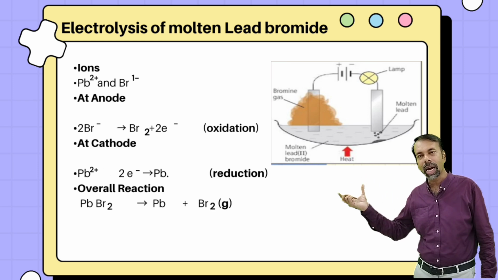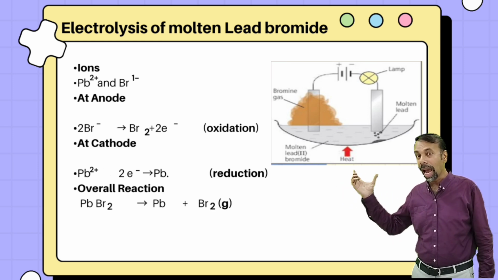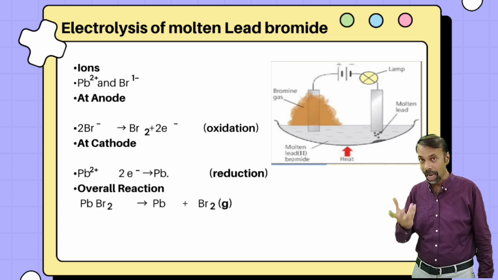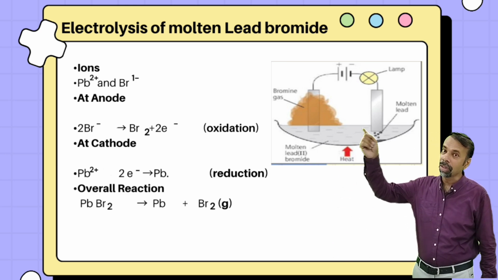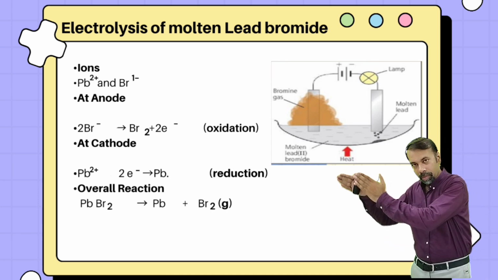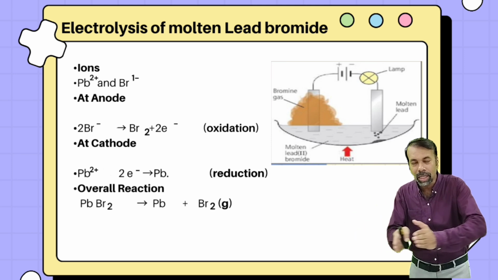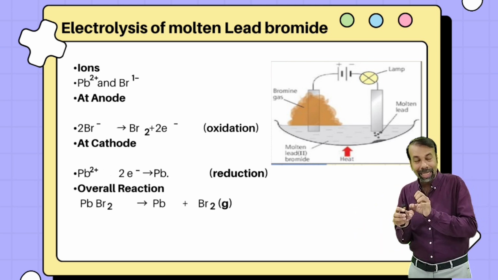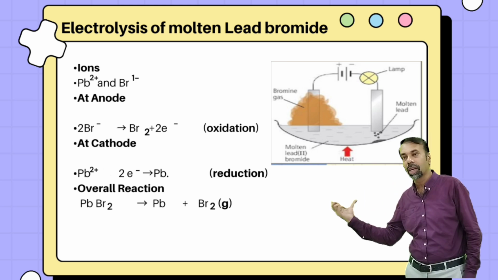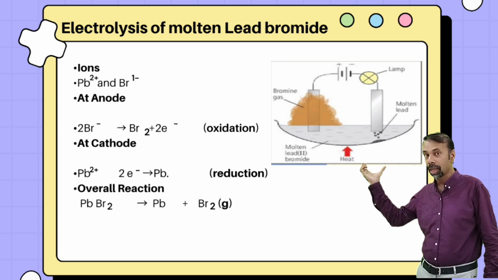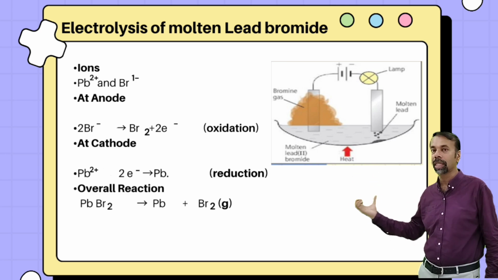Two bromide ions which move toward the anode will lose two electrons and convert into bromine gas, and the two electrons travel through the wire and come towards the cathode. Over there, positively charged lead ions are moving toward the cathode, and at the cathode they will receive those two electrons and convert into lead metal. Have a look at the ionic half equation of this cell.